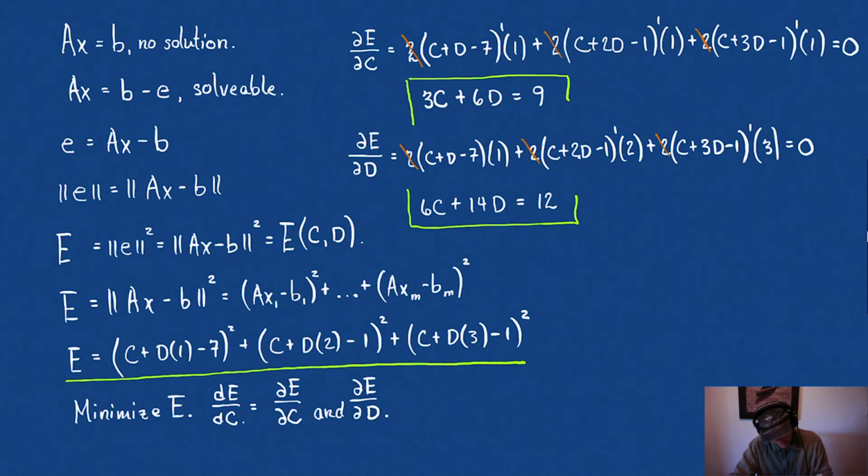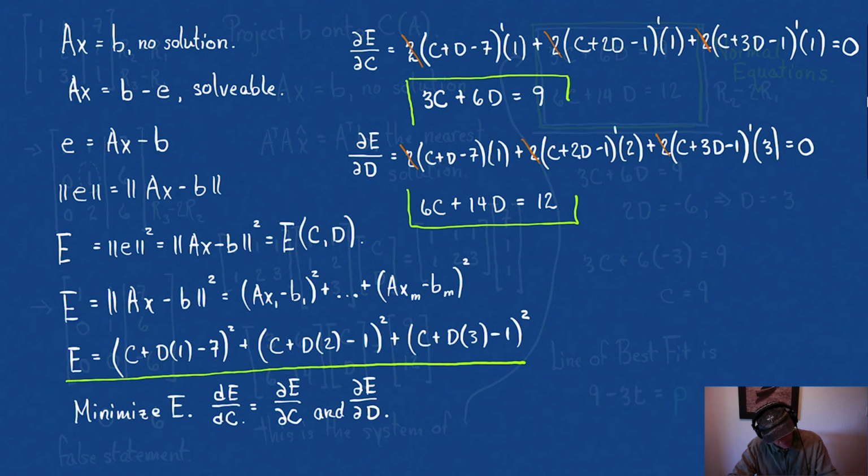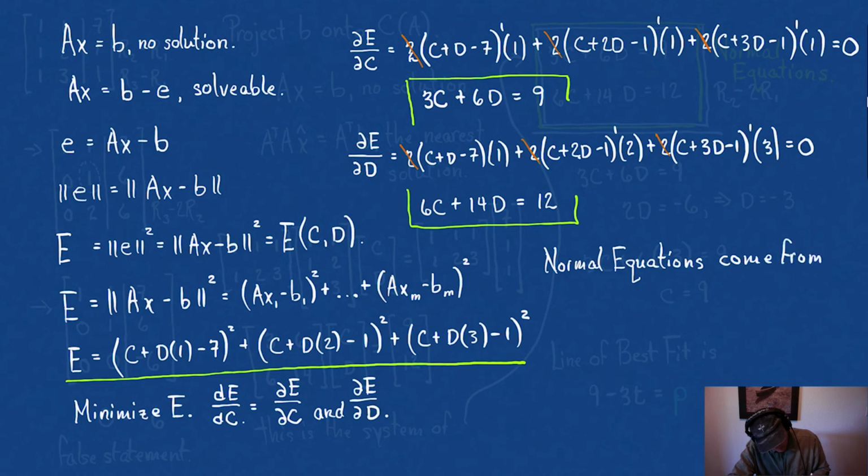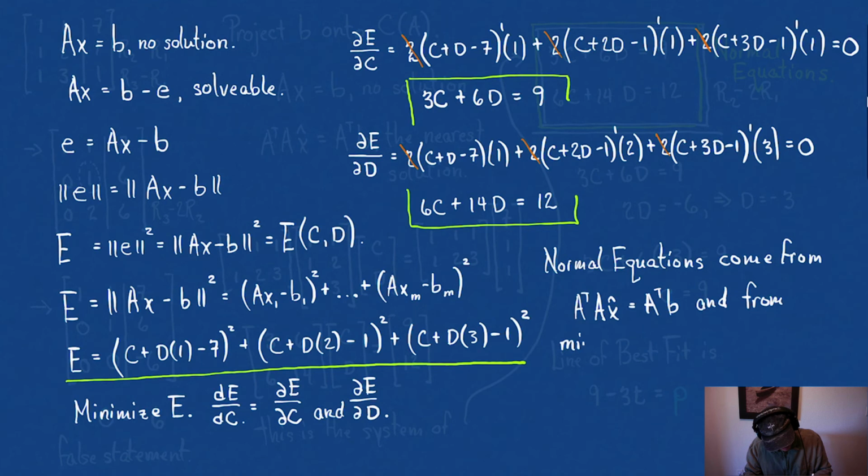Let's go back to where we were working so I have more space. This is our key point: the normal equations come two ways. They come from A transpose A x hat equals A transpose B, and from minimizing the error function E of C and D. Two different routes to the same result.